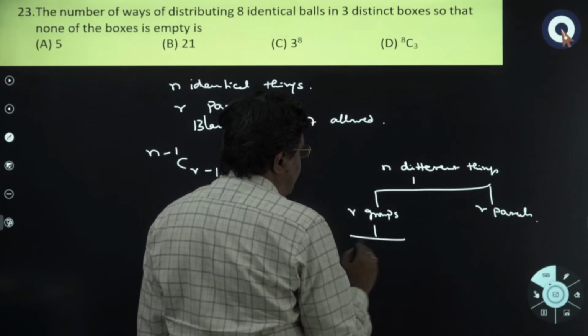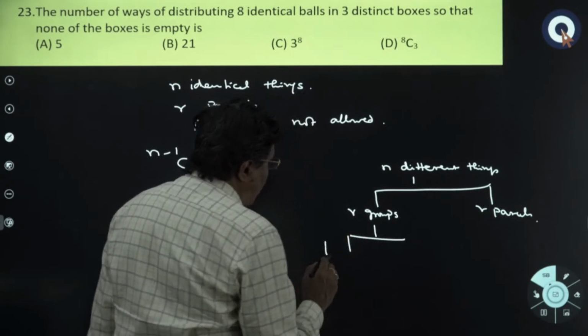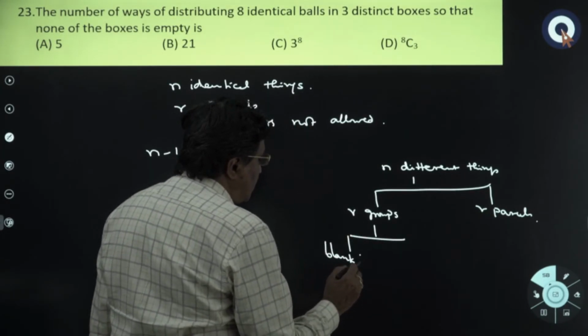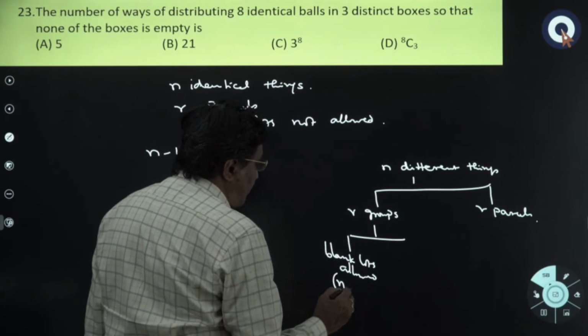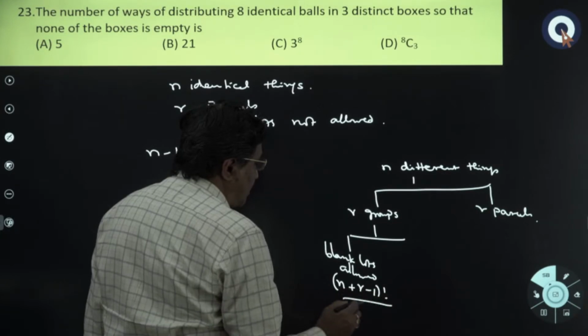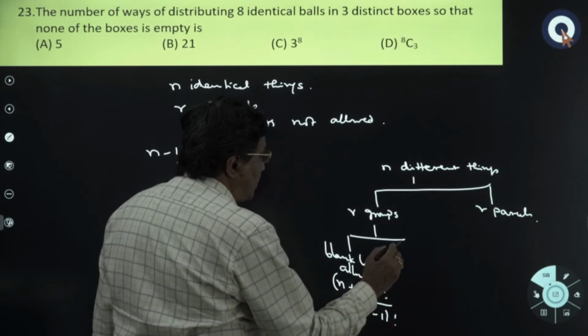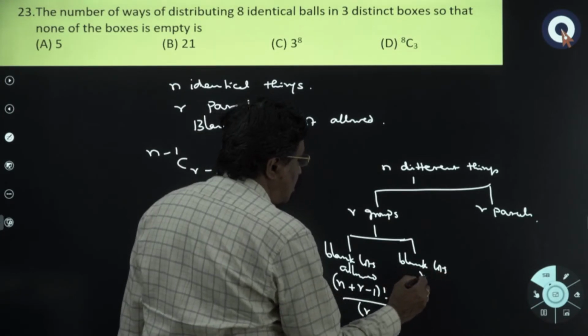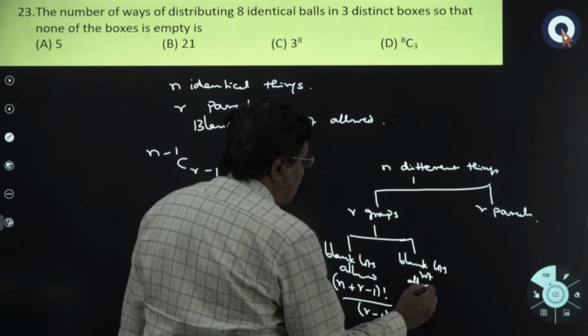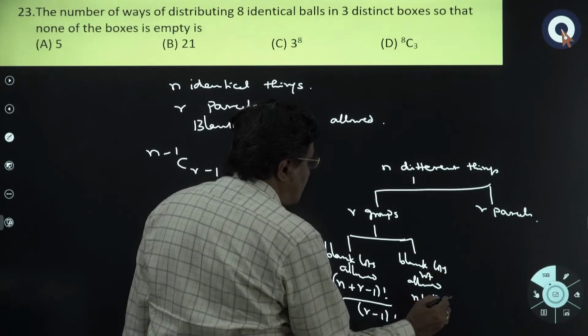Groups means even the internal arrangements are required. Here blank lots allowed, so this is (n plus r minus 1) factorial by (r minus 1) factorial. Blank lots not allowed, it is n factorial into n minus 1 C r minus 1.